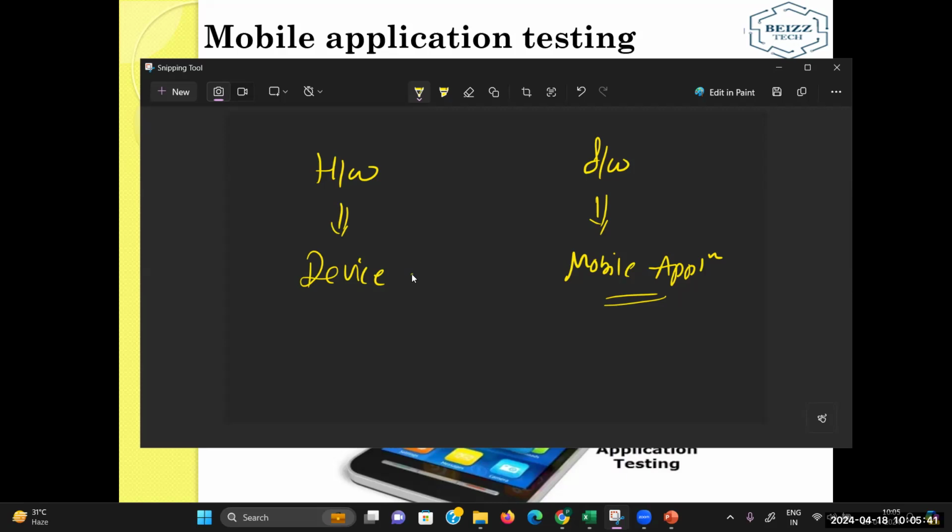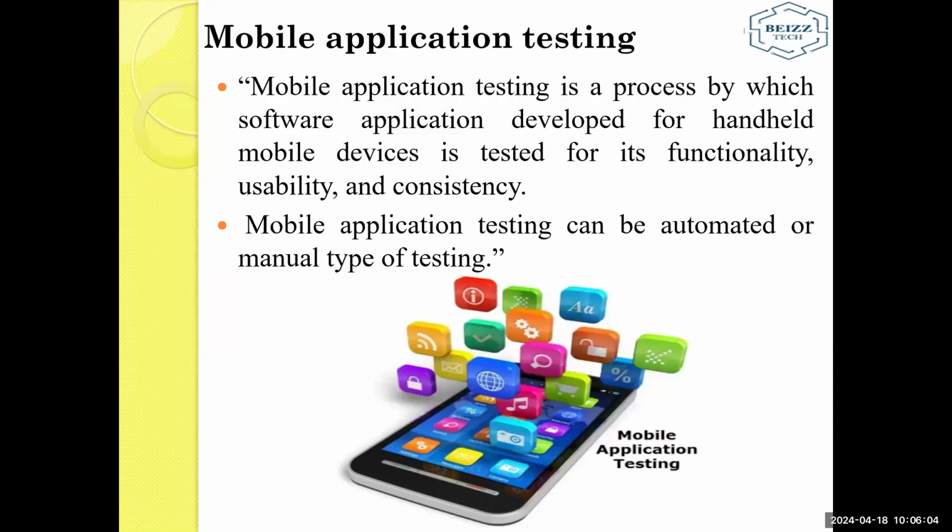But when we talk about software testing, any application which resides inside that particular device, that is called mobile application testing. So mobile application testing means testing the mobile application for its functionality, for its performance, for its usability. So in this module, we need to understand the different types of mobile applications and what kind of different scenarios and types of testing we can conduct while testing any mobile application.